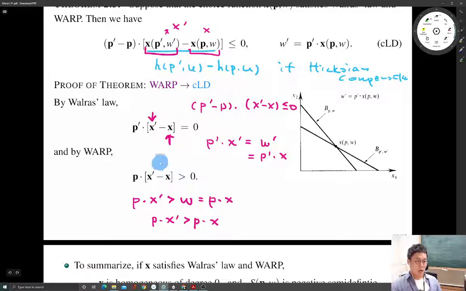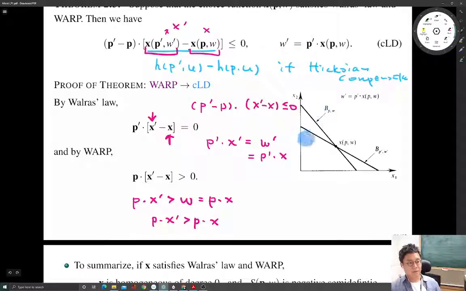If we subtract this second inequality from the first, because the first quantity is equal to 0 and the second quantity is some positive number, we have a negative number. But the difference between these two is going to be this expression. So we prove the law of compensated demand.